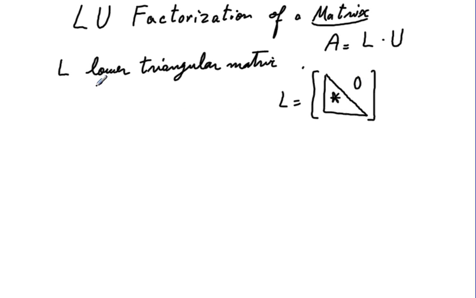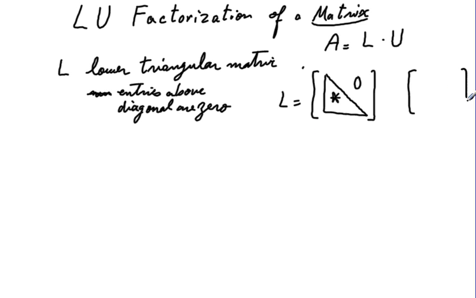So lower triangular means entries above the main diagonal are 0. An example of it would be something like 2, 3, 5, 7, 9, 11, but everybody's 0 up here. So we are insisting that the top entries are 0.